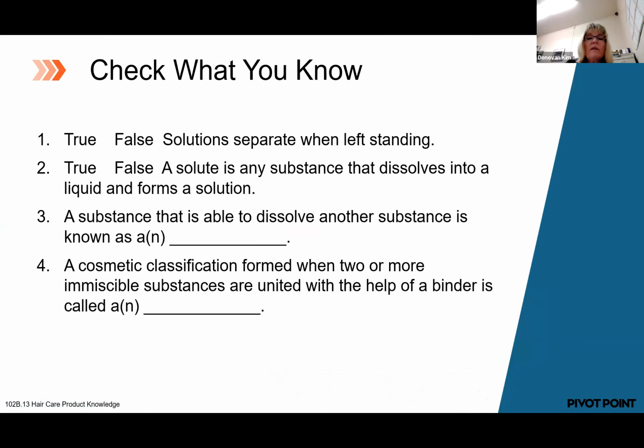Any substance that dissolves, able to dissolve another substance, is known as a... It's the one that's dissolving it. So that one would be a solvent.